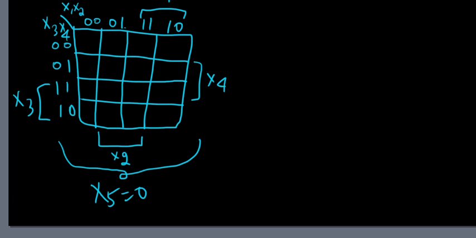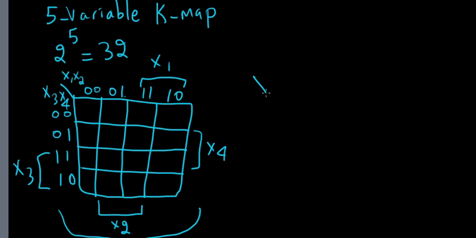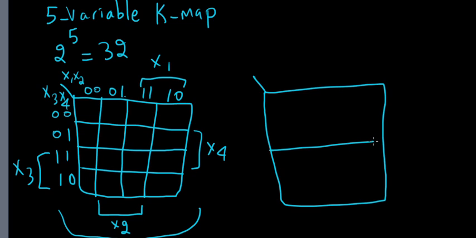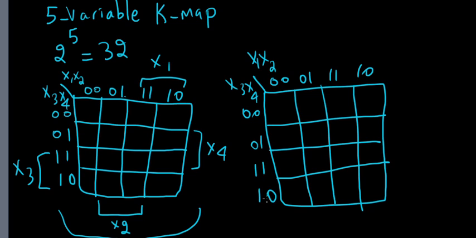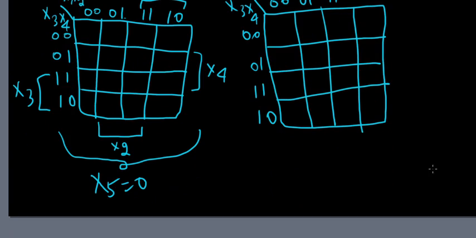Now you do it again for x5 equals 1, and hence it's 32 cells or different combinations. So same thing here, and now you have the KMAP for x5 equals 1.